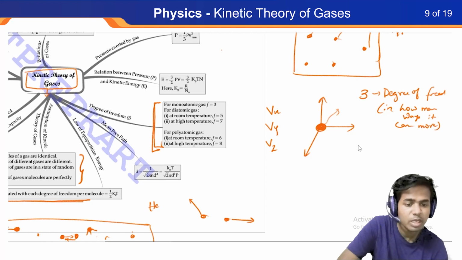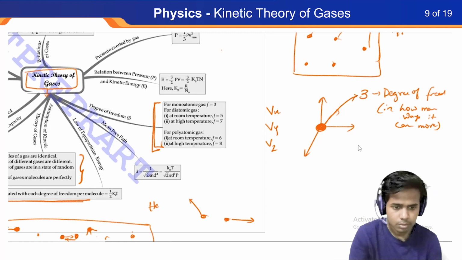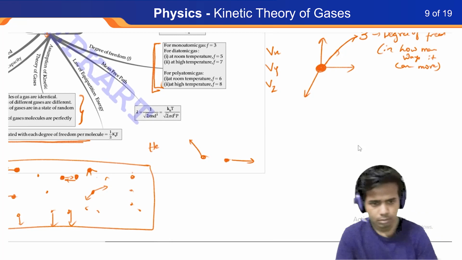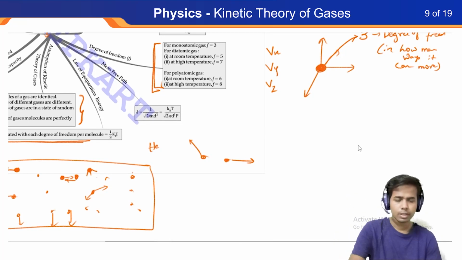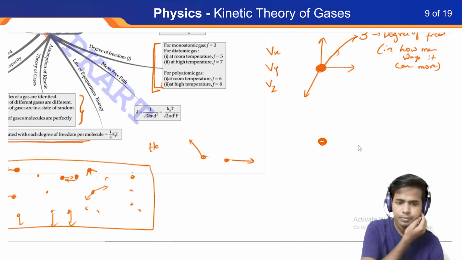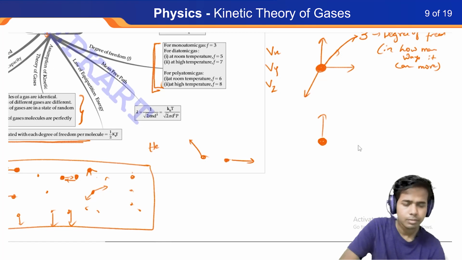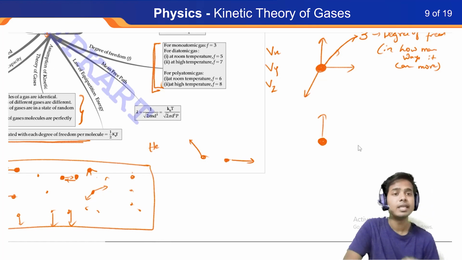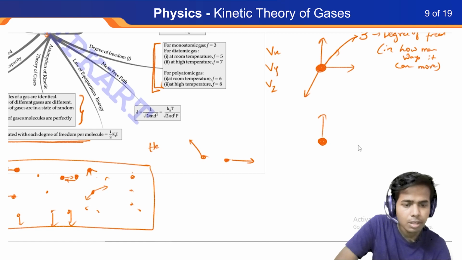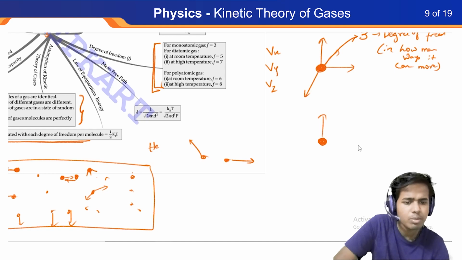So for monoatomic particles, the degree of freedom is actually 3. Now, let's say the particle is here and it is going in this direction. Let's say I heat it up too much, but this will also exhibit 3 types of vibrational motion, right? But one of the vibration motions will actually be in this direction itself.